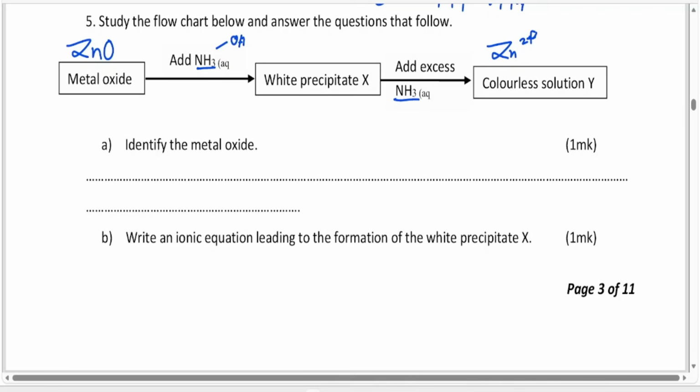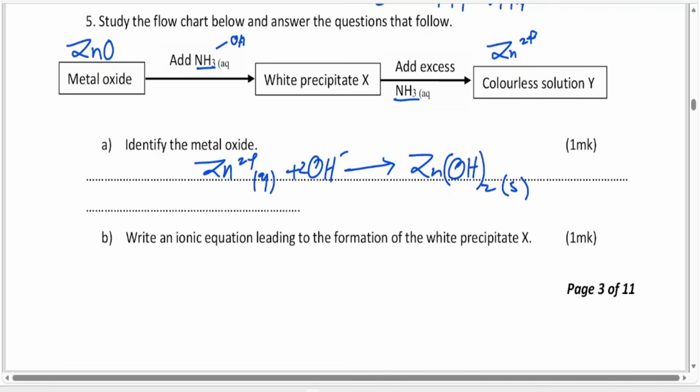So if I was to write the ionic equation that led to precipitate X, from the metal oxide we are going to obtain zinc ions, aqueous, reacting with a few drops of ammonia, and that is what led to the white precipitate zinc hydroxide, Zn(OH)2. And I balance here with 2 to make it balanced. This is a solid and it's a white precipitate.